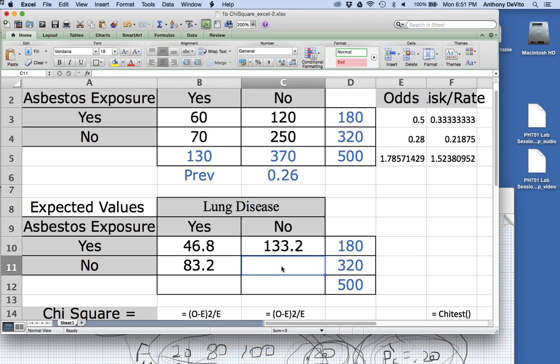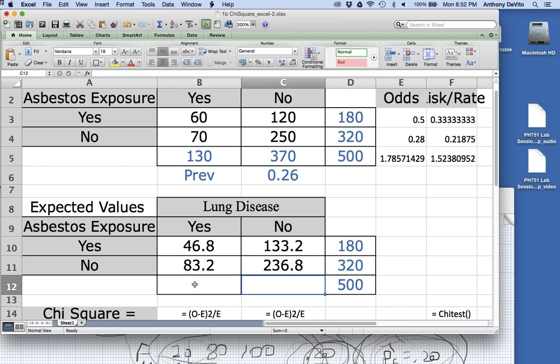And this is going to be equal to 320 minus 83.2. I could have also just done that by multiplying those numbers by 74%, 1 minus P, right? 1 minus the prevalence. Everybody comfortable with that?